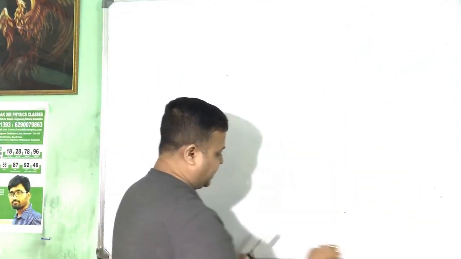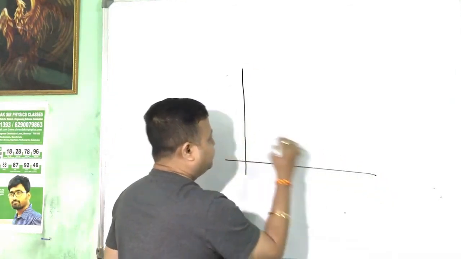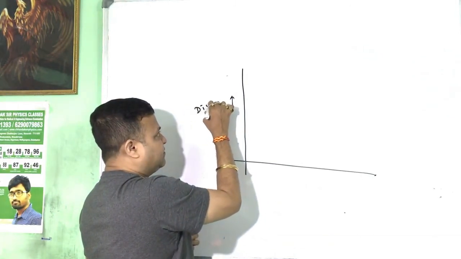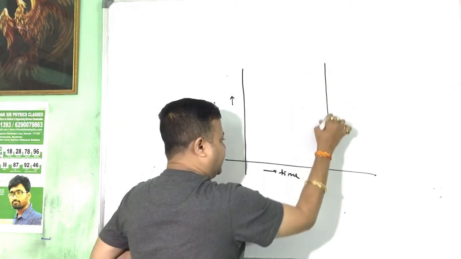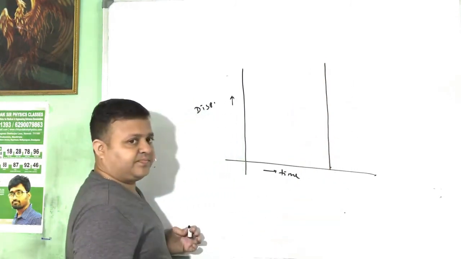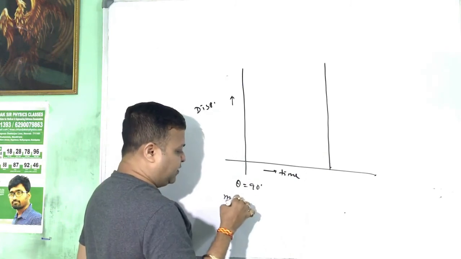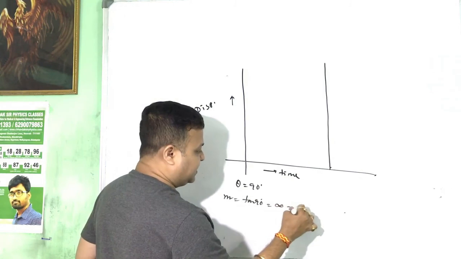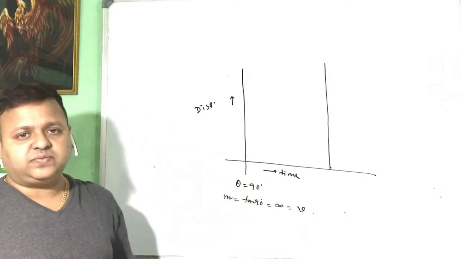Impossible displacement diagram. Often they will give four curves and ask which one is impossible. This one is the impossible displacement diagram. It is parallel to the y-axis. Why is it impossible? Because theta equals 90 degrees, so the slope tan 90 is undefined, and that is the velocity. That means the velocity of the body is undefined, which is impossible.